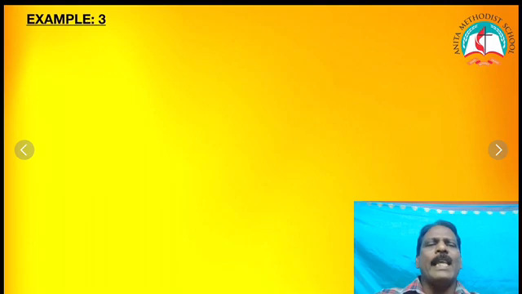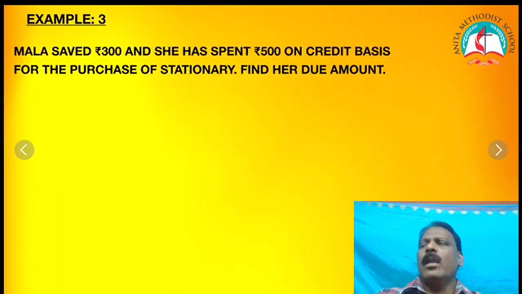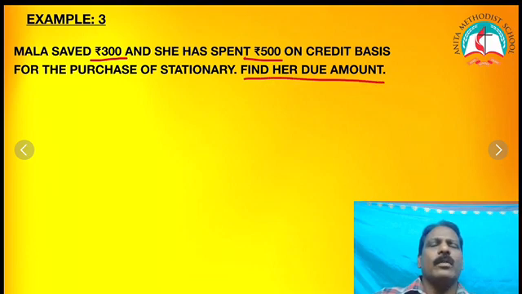Now see example 3. Mala saved rupees 300 and she has spent rupees 500 on credit basis for the purchase of stationery. Find her due amount. You have to find the due amount.